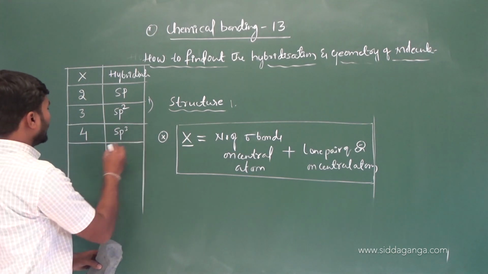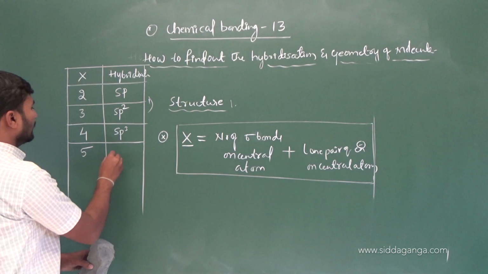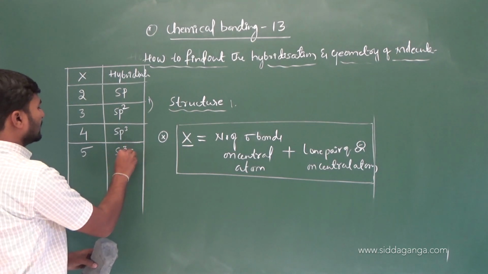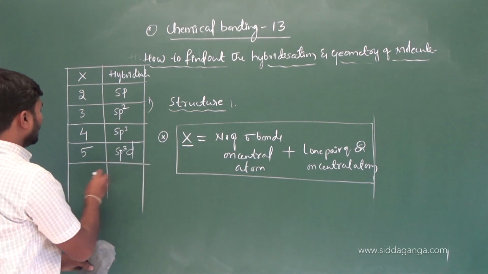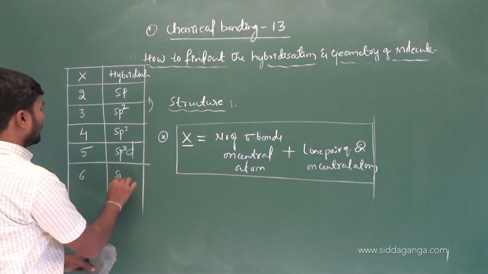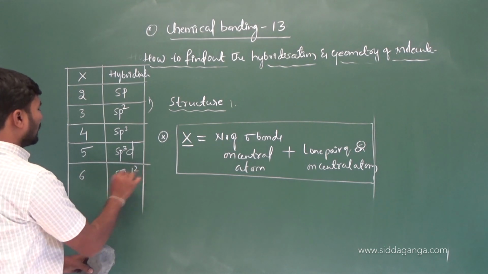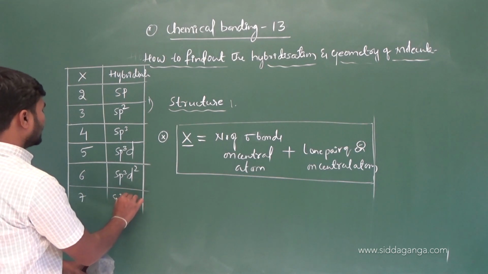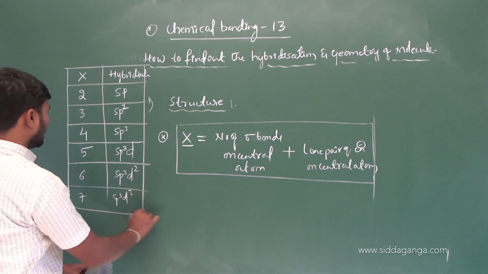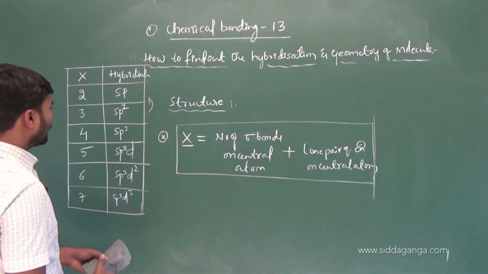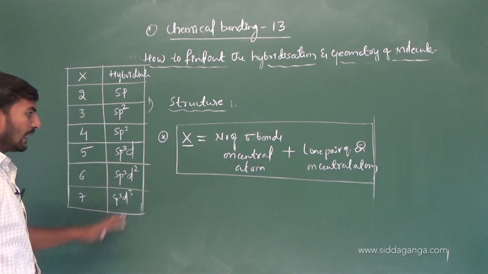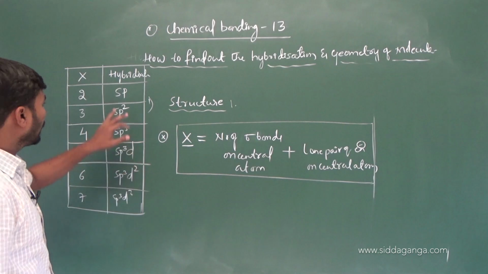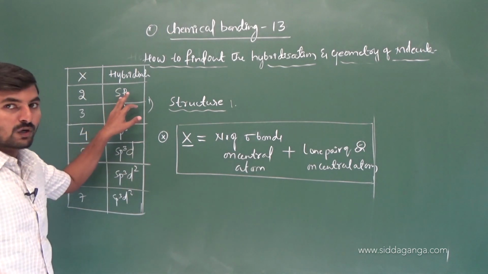If the value of x is 5, then it becomes sp3d hybridization. If it is 6, sp3d2. If it is 7, it is sp3d3. Like that, based upon the value of x, we will come to know the hybridization of the molecule.